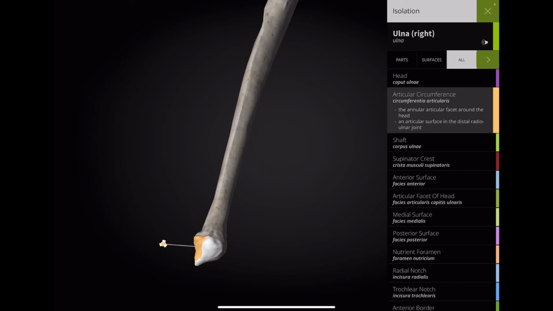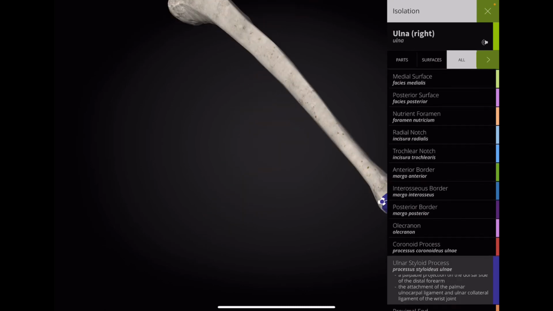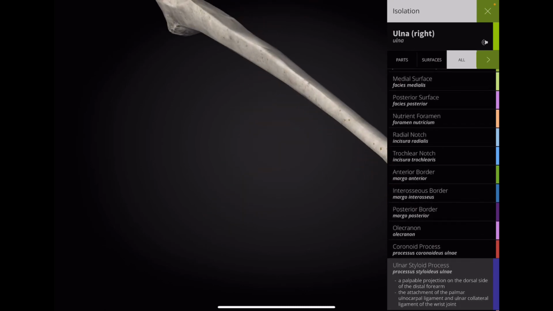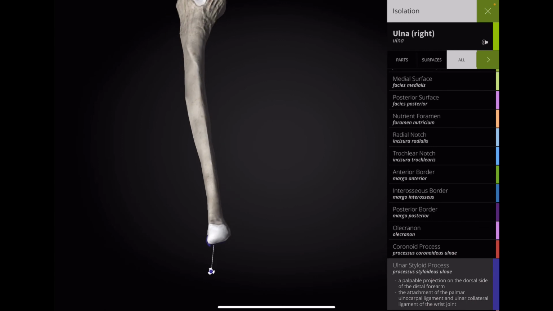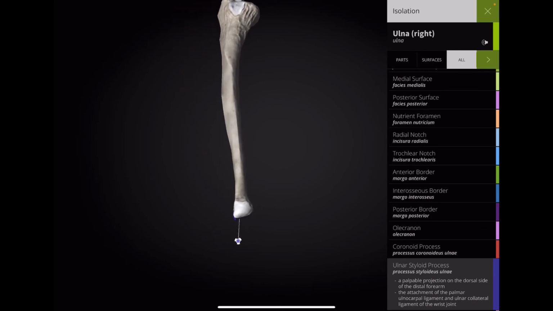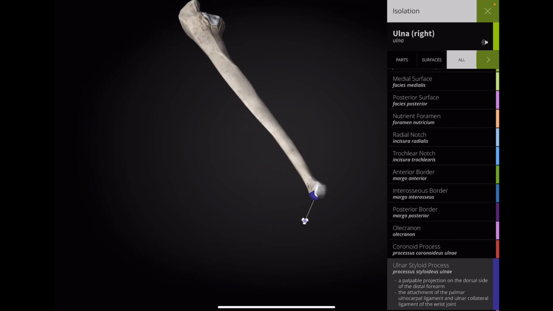And then to finish this off, we have the ulnar styloid process. This is a palpable projection which is found on the medial aspect just below the wrist, which you can feel.